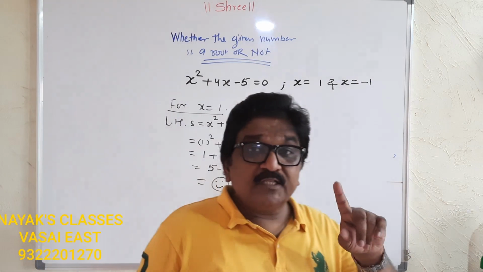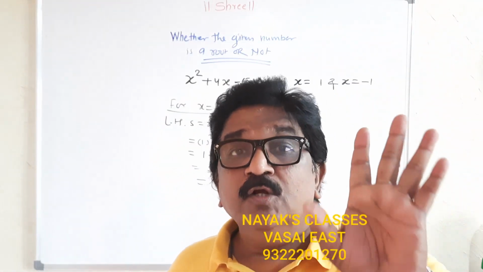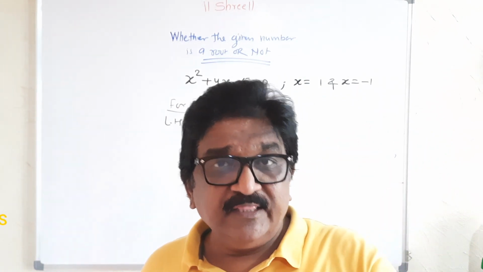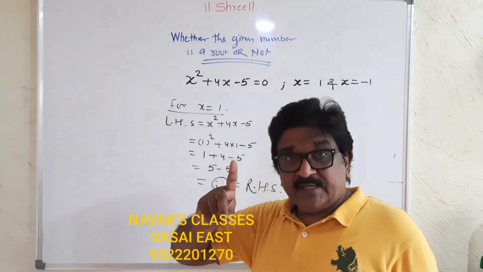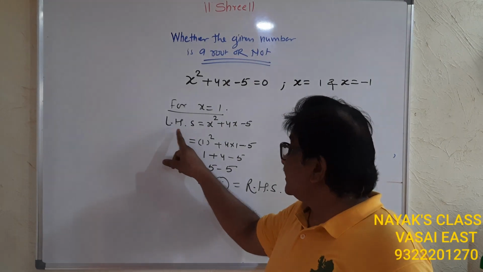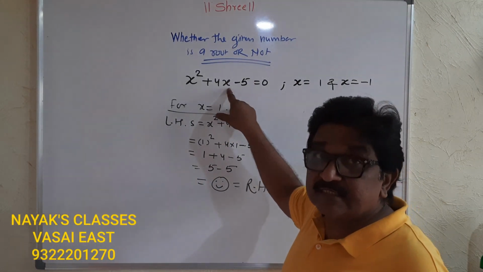So for the number 1, when we put x equal to 1 in the given equation, we got LHS equal to RHS. This is RHS, this is LHS.